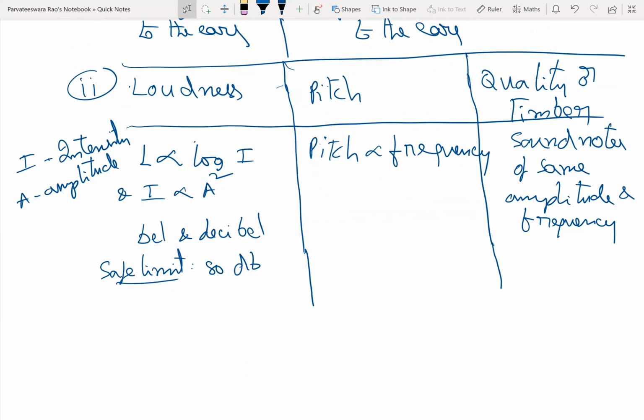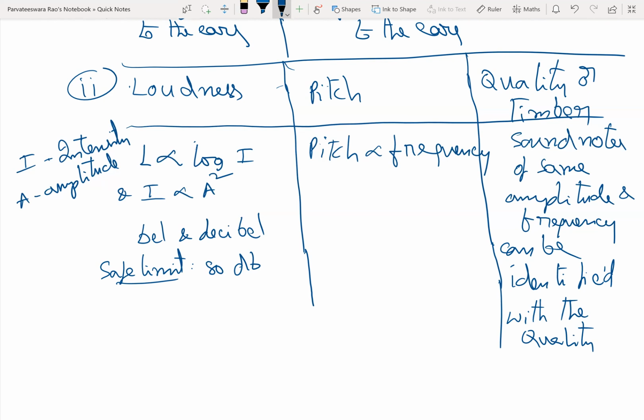Two people are producing sound almost at the same frequency with the same amplitude. Then how will you differentiate? This is the third characteristic of the musical note, quality or timbre. Sound notes of the same amplitude and frequency can be identified with the quality.